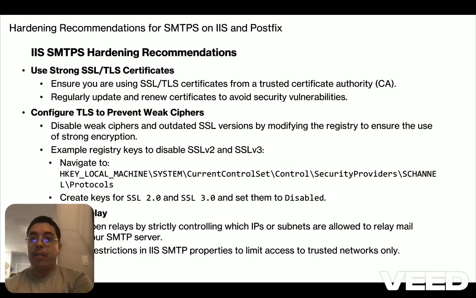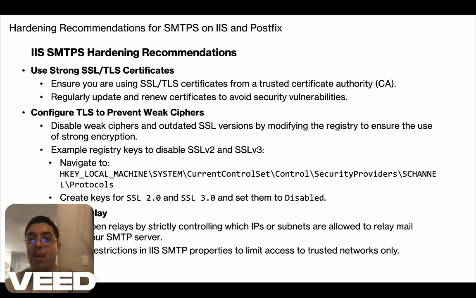Configure TLS and prevent weak ciphers. That's hardening recommendation number two. Disable weak ciphers and outdated SSL versions by modifying the registry to ensure the use of strong encryption. These are some of the examples. And the last one, limit the SMTP relay.